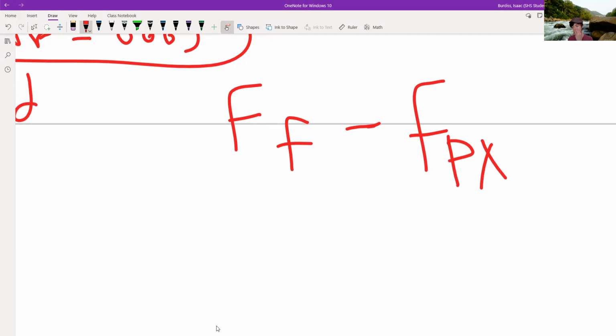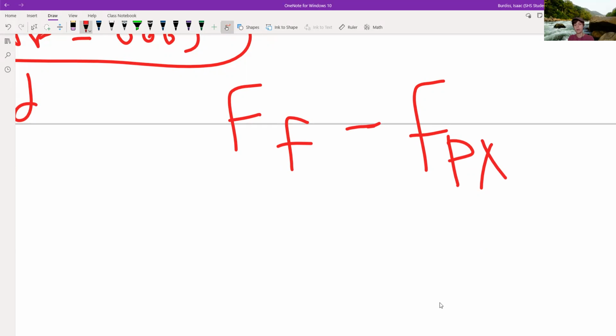And the normal force is mg, but not just mg, because the applied force is at an angle, kind of.